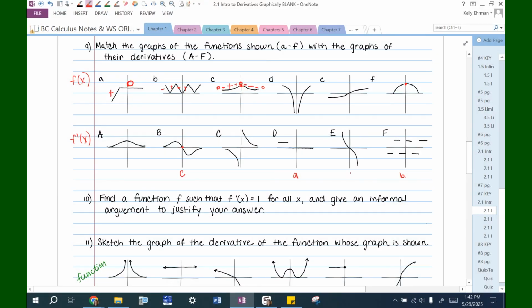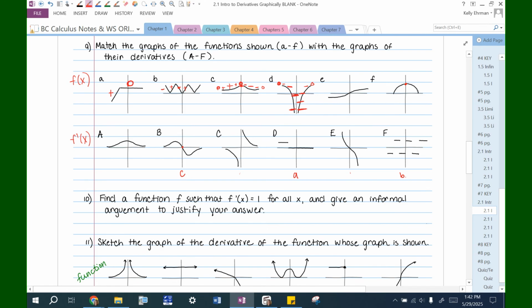If your f of x has an unbounded discontinuity, then your derivative function will have the same thing. So the only one that has that is d, but let's still look at this. So we're starting off close to 0, kind of flat, and then negative, really negative, and then really negative, less negative, 0.